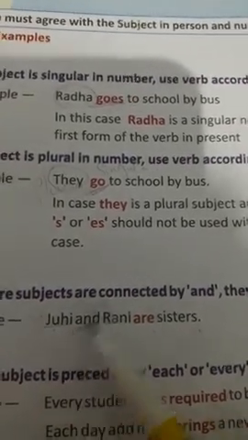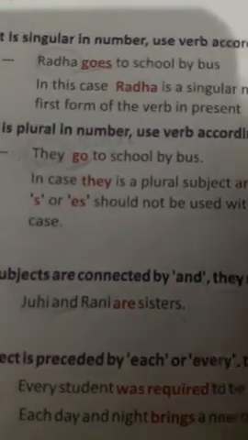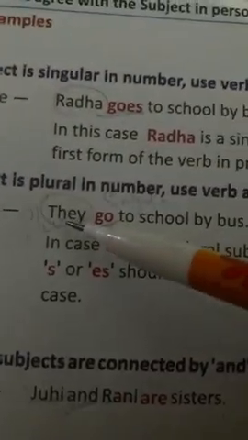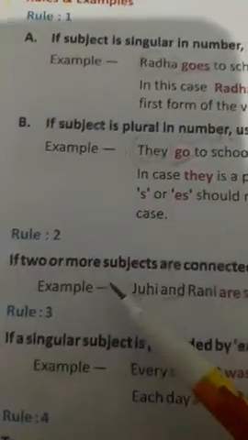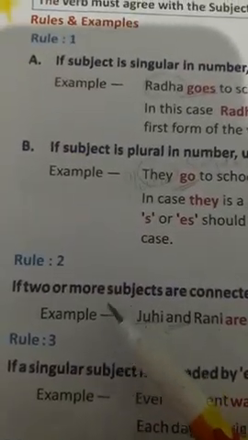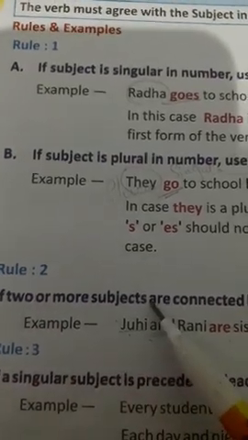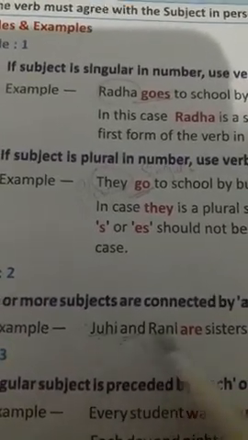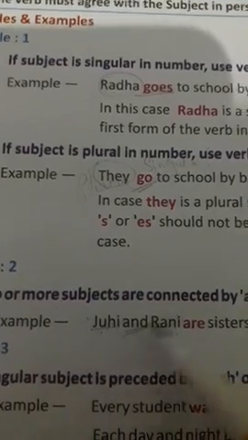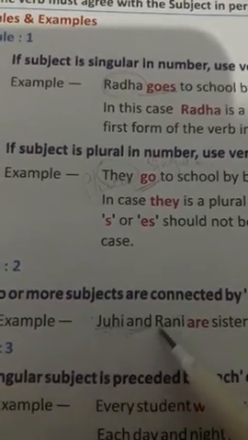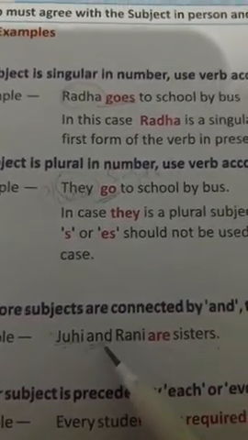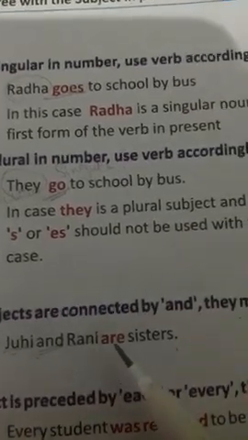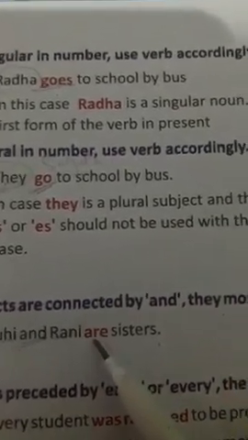Don't get confused with this, students. I told you that if a subject is plural, you have to use the singular verb. Here something else is written, please try to understand. If two or more subjects are there, here you can see two subjects, but these two are connected by this connector and, then they mostly take the plural verb.